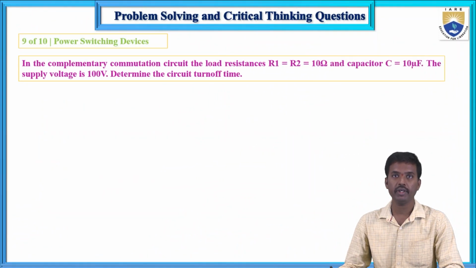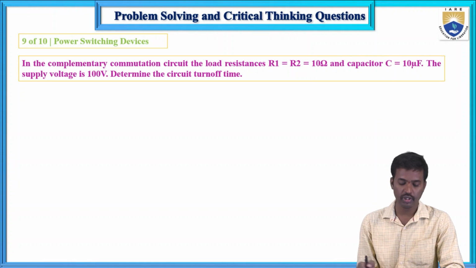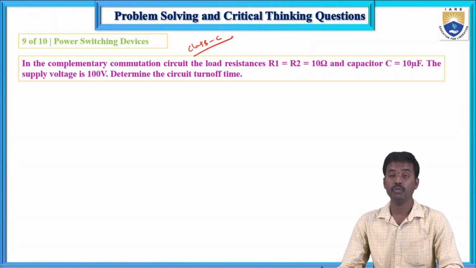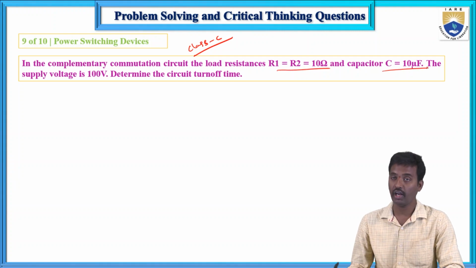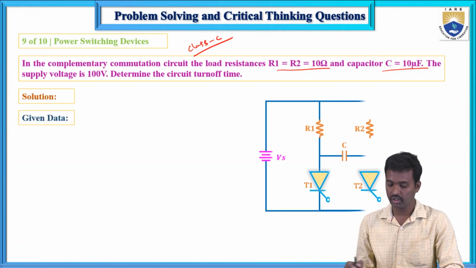In the complementary commutation circuit, that means the class C commutation technique, the load resistances R1 and R2 are 10 ohms. The supply voltage is 100 and determine the circuit turn off time. Here R1 is 10 and R2 is 10, C is 10 microfarad.